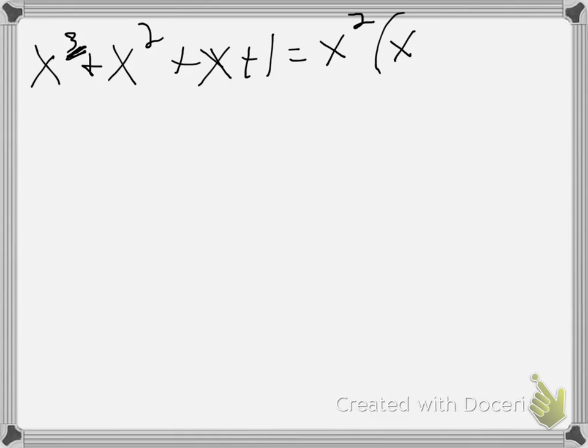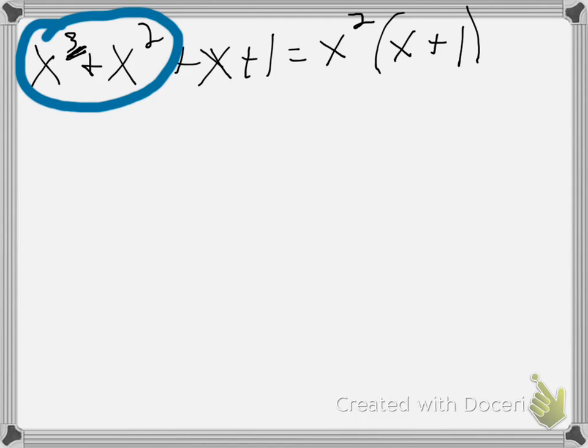And there's already an x squared right here that we wrote down. It's just plus 1. And that was the first part of the equation. And now you have x plus 1 left.